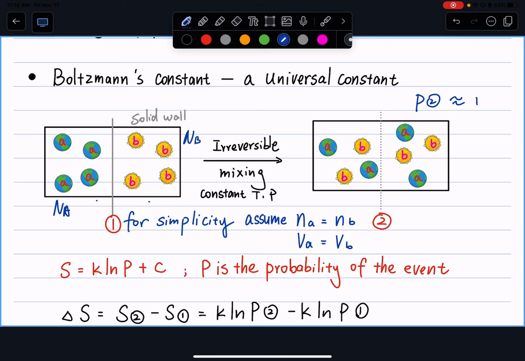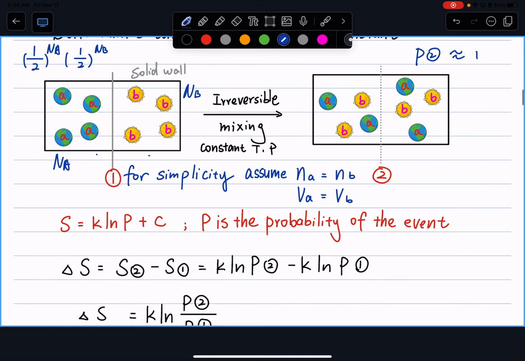In this case, the probability of all particles A being on the left-hand side is 1/2, because it's evenly divided, to the power of N_A. And the probability of N_B on the right-hand side is 1/2 to the power of N_B. Because we manually set N_A equal to N_B here, P1 equals (1/2) to the N_A.